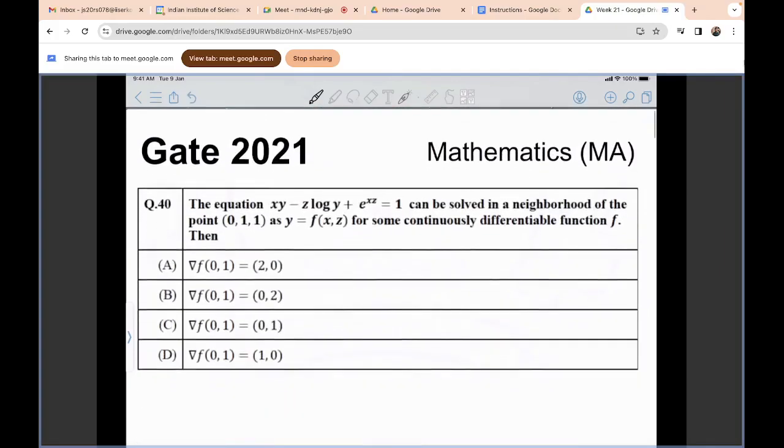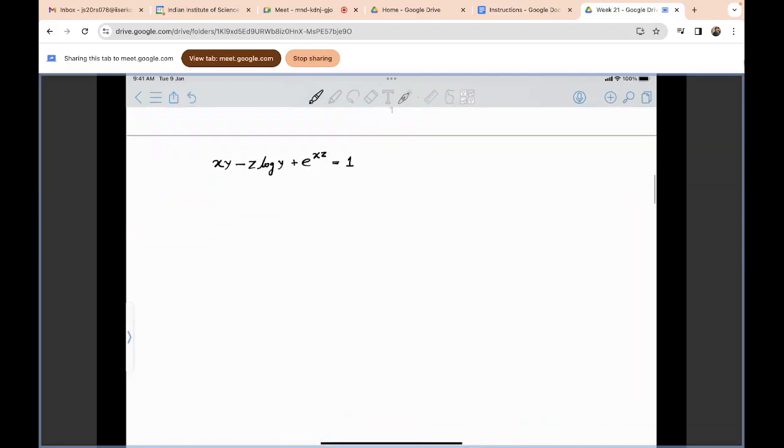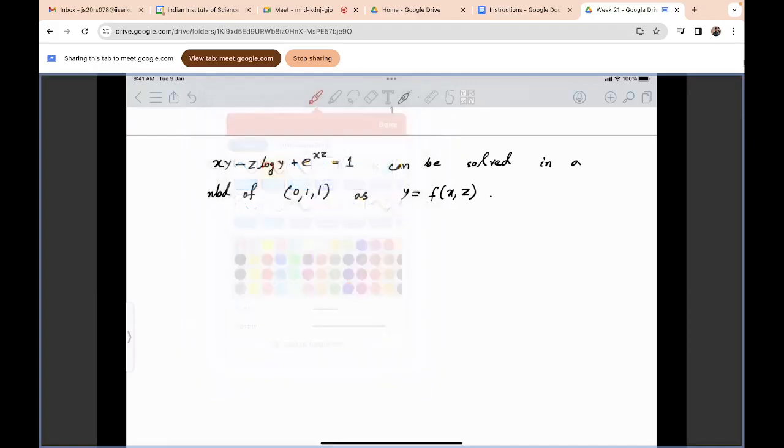This can be solved in a neighborhood of (0, 1, 1) as y equals f of (x, z). So basically the implicit function theorem tells us when we can solve one variable in terms of the others. Let me write the implicit function theorem.